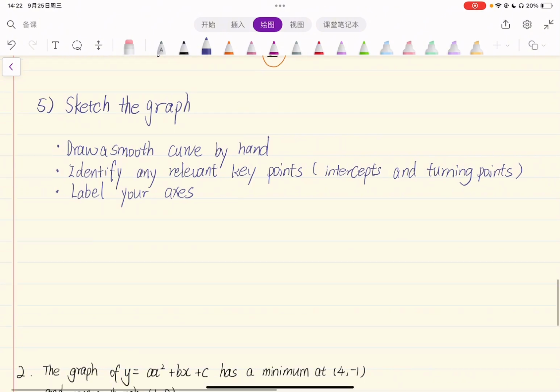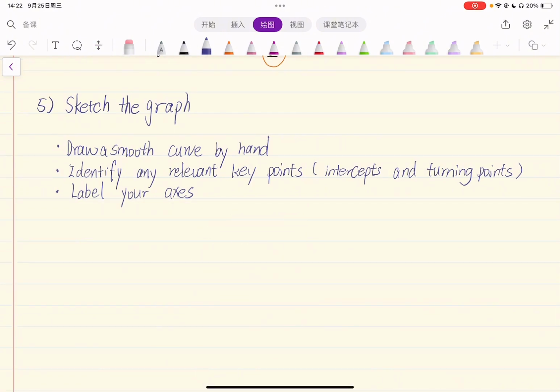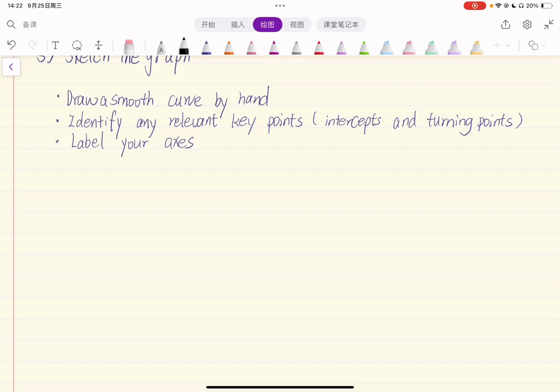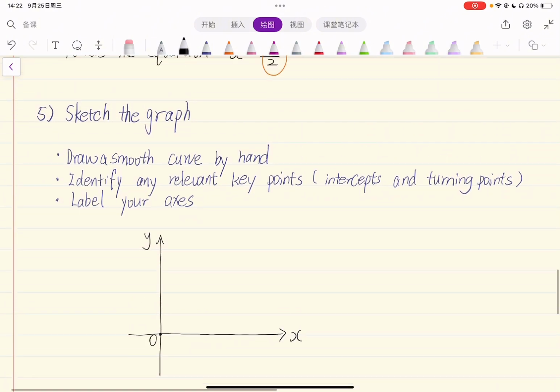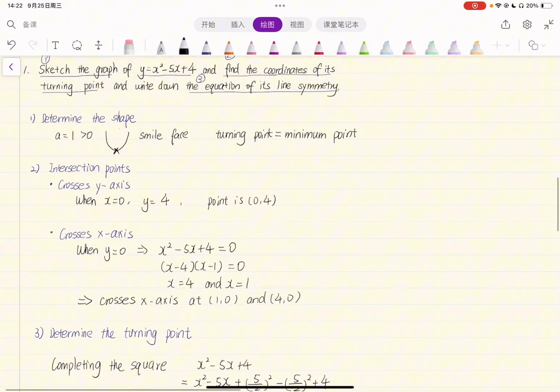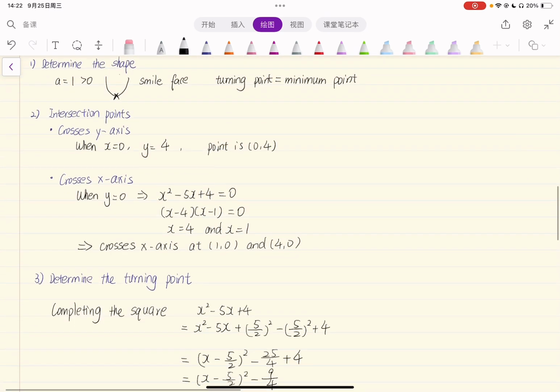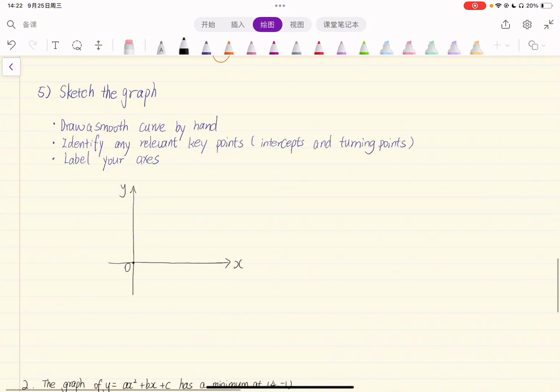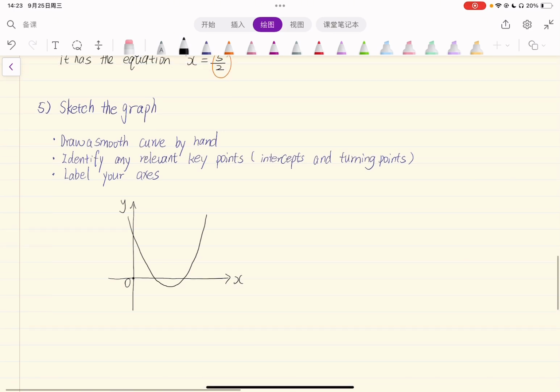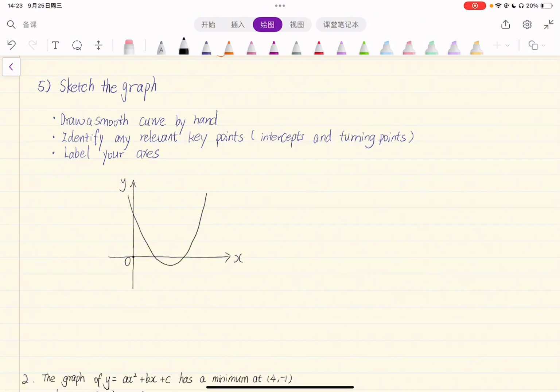So let's do it. We have the x-axis and y-axis, and here is the origin. From here we determined the shape is a smile face, and it has two roots, so two points where it crosses the x-axis.